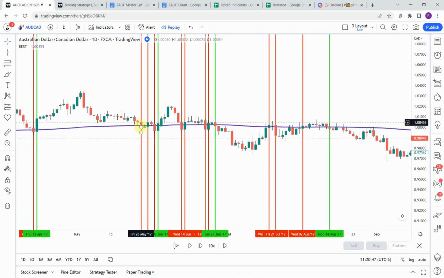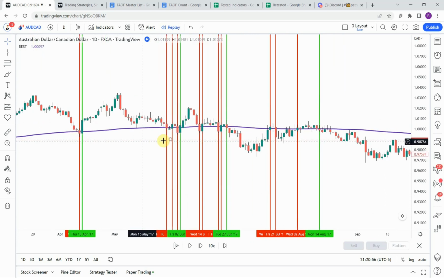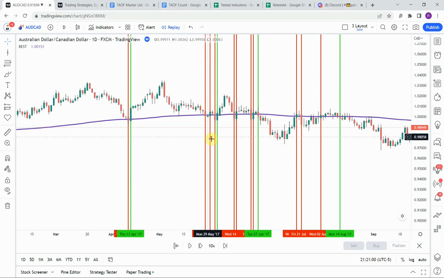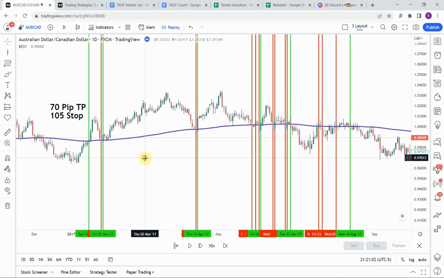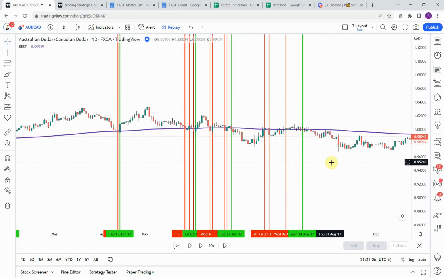Often what we see is a break to the downside, an immediate break back up, an immediate break back down, and so on. And we get these clusters of losing trades where they just gnaw away at the win rate of the indicator and make it to where it isn't able to meet the 60% criteria.